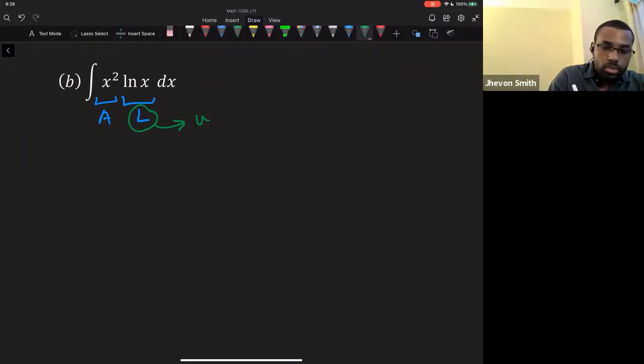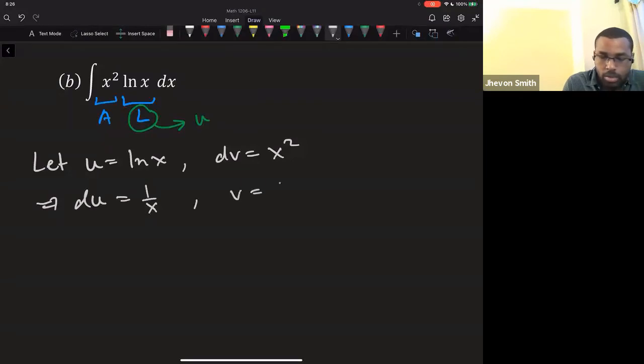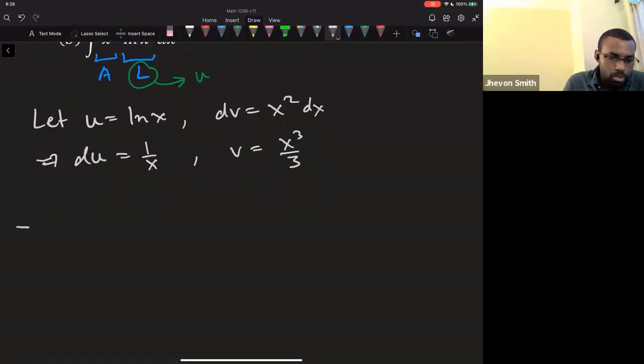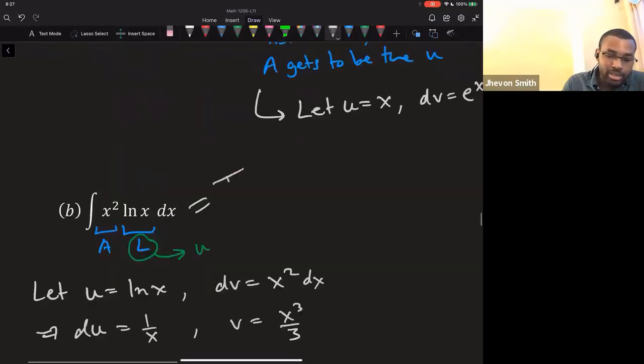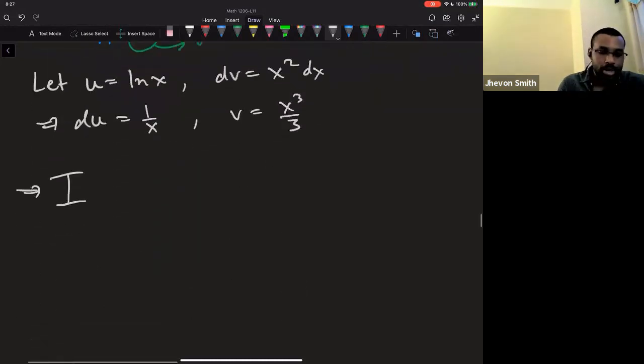So how do you do this integral? Let u equals ln x. Let dv equals x squared dx. So du would be 1 over x dx. v would be x cubed over 3. And so this means I, let's call this I. I'll call it I when I just don't want to bother writing out the original integral.